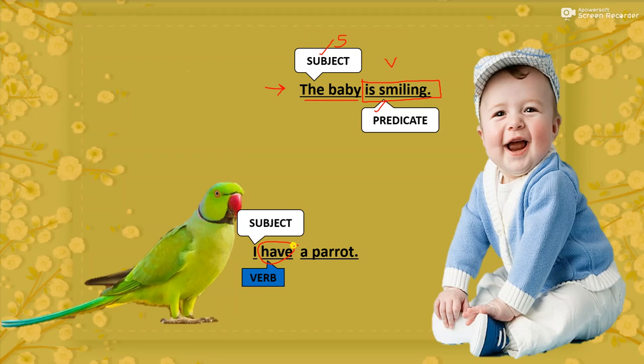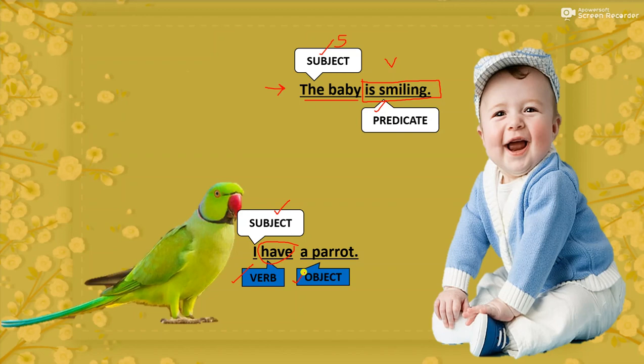So have is the verb, and after the verb we have a parrot. So we have seen the structure: subject, verb, and finally comes your object. So in this sentence we have the proper three parts. We have the subject, we have the verb, and we also have the object.